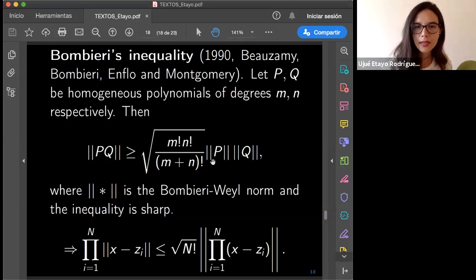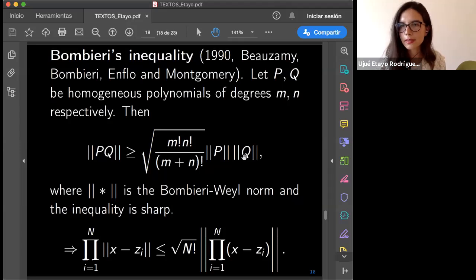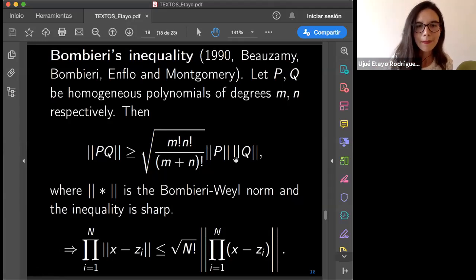If we take P1, P2, up to Pn polynomials, and every single one of these polynomials to be a monomial, then we obtain this corollary of Bombieri's inequality. We just have to prove by induction that we can have such an inequality for three polynomials, and for four, for five, forever.